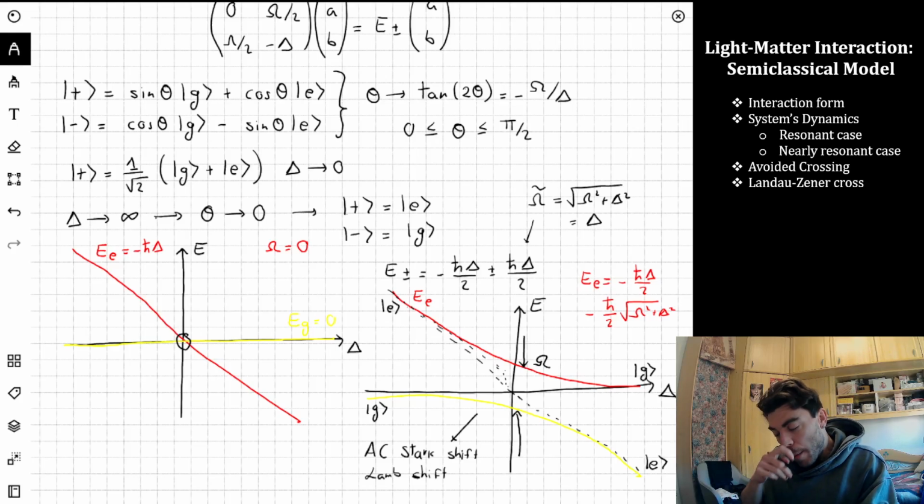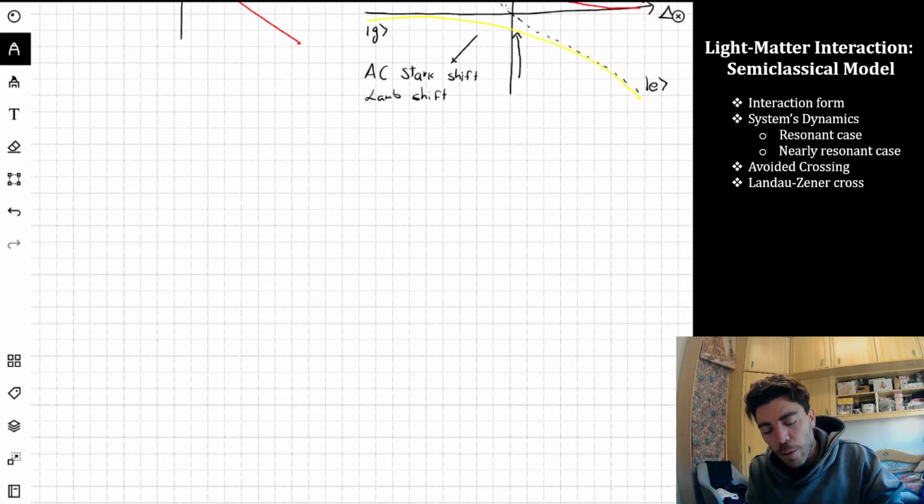It will be even more clear in the full quantum mechanical case, because here we are focusing on what happens to matter, to the qubit, in the presence of classical light. But if the light is also quantum, we can ask what is happening to the light. But we will see that in the future.